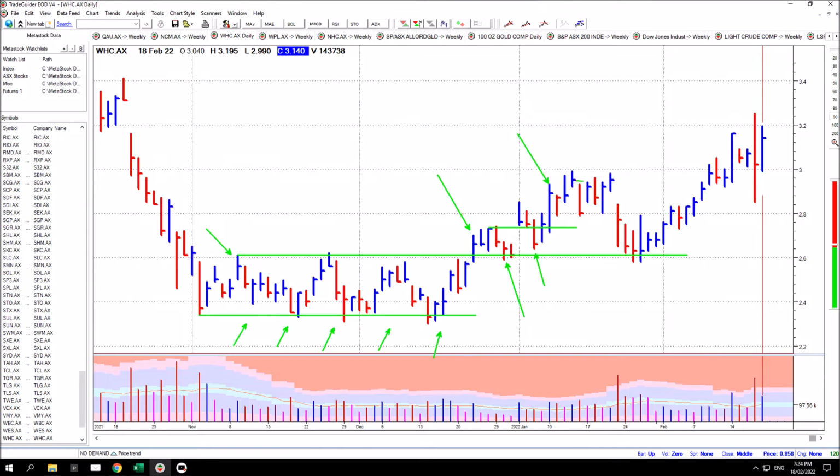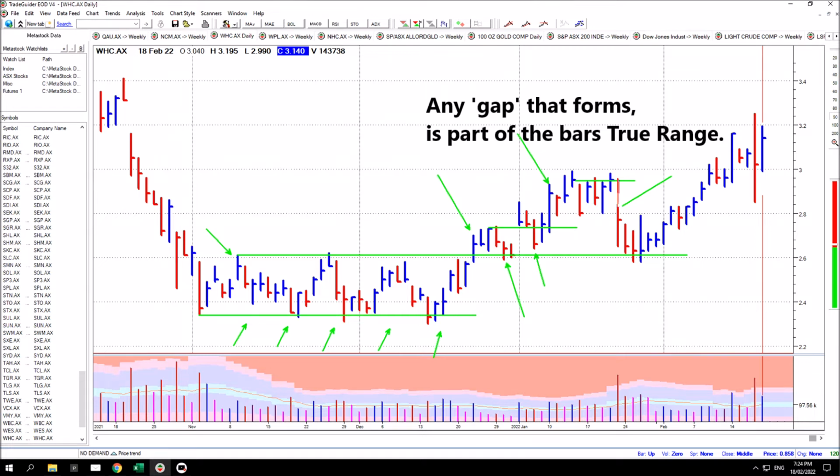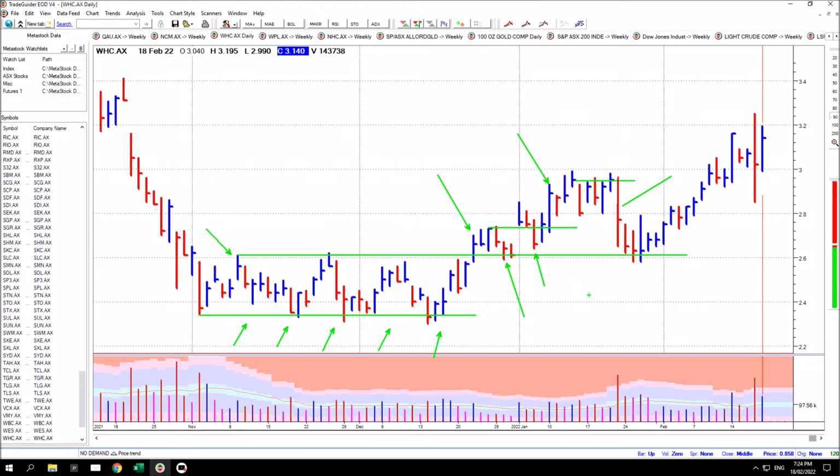When price got up to this level though, we had this bar form. Now that bar actually looks more like that. That's filling in the gap. And this was when a new variant was announced and the media went nuts.